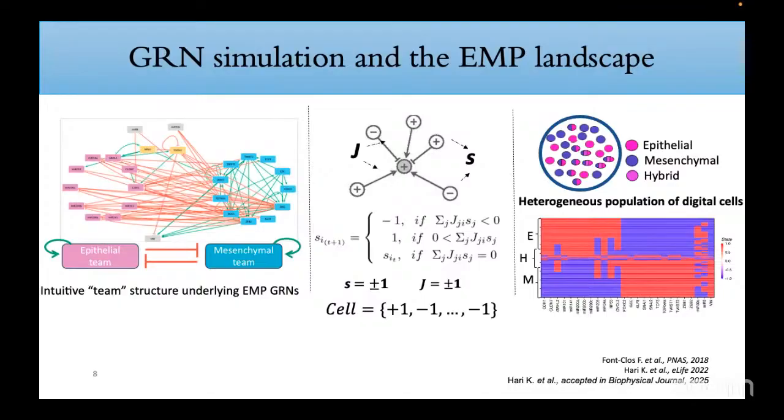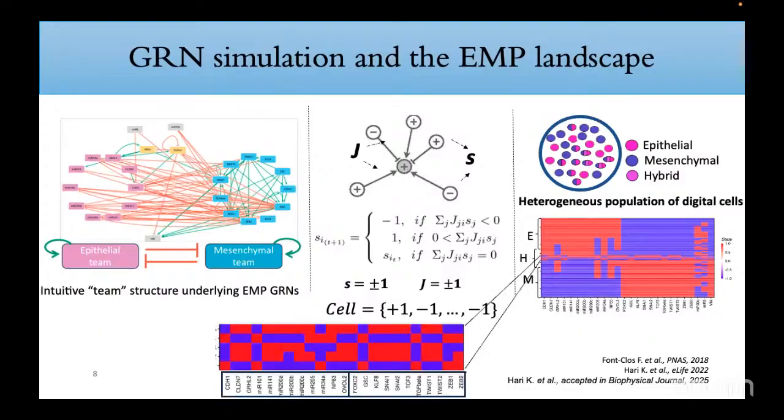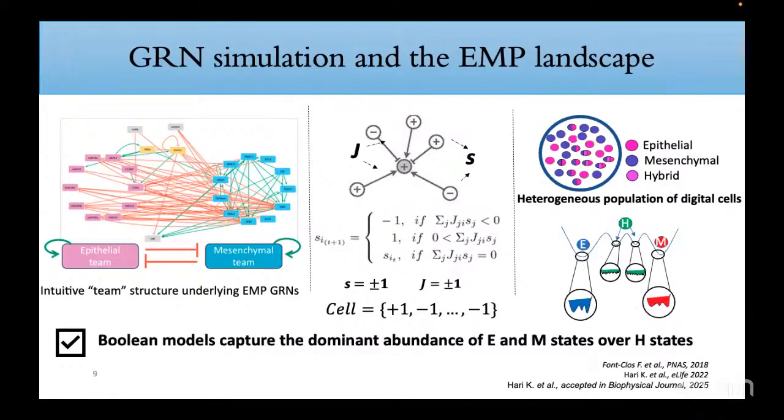The majority of them are epithelial and mesenchymal, and a small minority of them are hybrid, right? These hybrid states essentially have expression from both the epithelial team as well as the mesenchymal team. And based on our team structure, this kind of configuration is not really supported, and therefore their expression is much lower, right? Very clean cut, very simple and easy to understand, makes our life very easy.